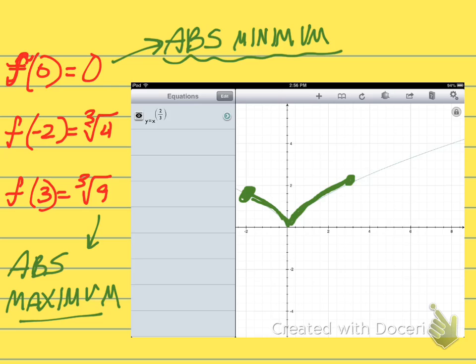Do you agree that at x equals 3 we have an absolute maximum? It sure does look like that. That's the highest point on the graph on this closed interval. Do you agree that at 0 we have the lowest point on the graph, so that would be the absolute minimum?